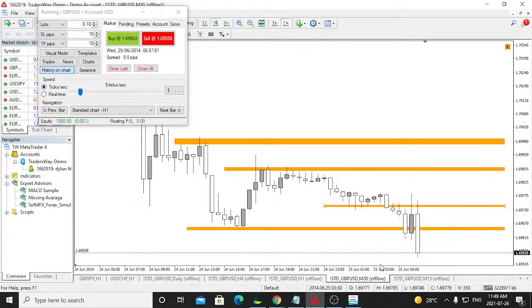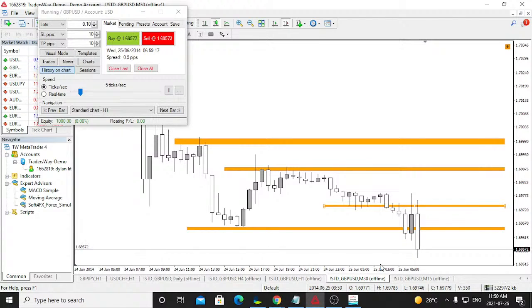So one of the things that I'm doing well this week is closing 50% of my trade while price retraces.